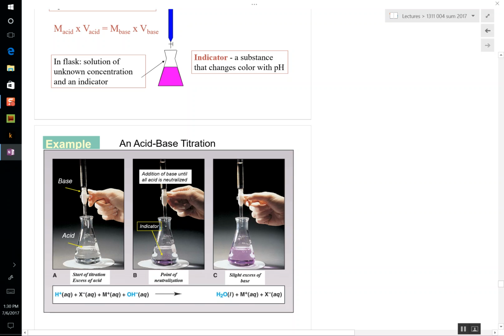All right, so titration, this is a quantitative technique. You're getting a very accurate answer to your question.